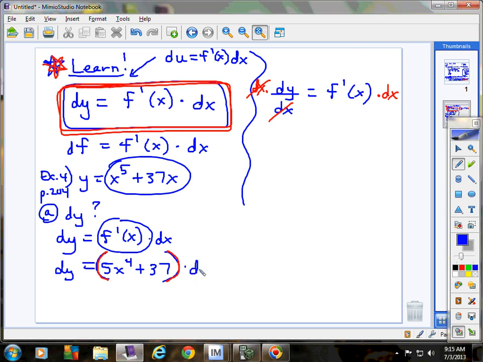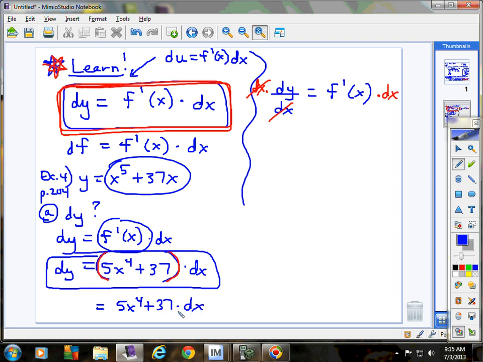Times dx. That is the answer to A part. The derivative times dx. If you leave out the parentheses, guess what? You only multiplied the 37 by dx. Your 5x to the 4th never got multiplied by dx, so you missed it.